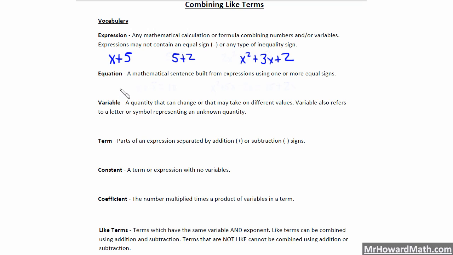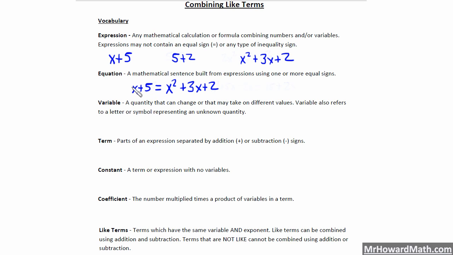So let's look at the next vocabulary word. An equation: a mathematical sentence built from expressions using one or more equal signs. So if we take, for example, this expression, x plus 5, we add an equal sign and we put another expression on the other side of the equal sign, we now have an equation.